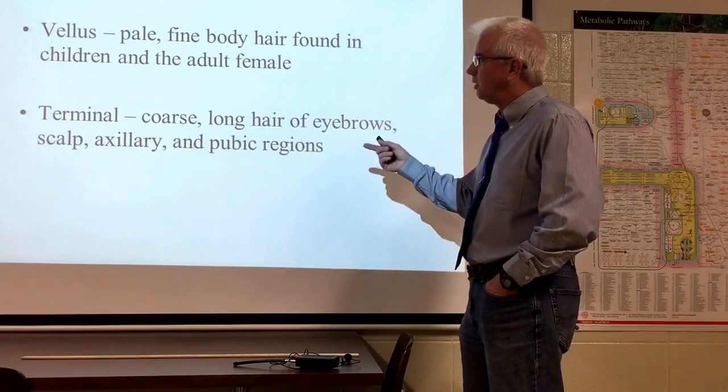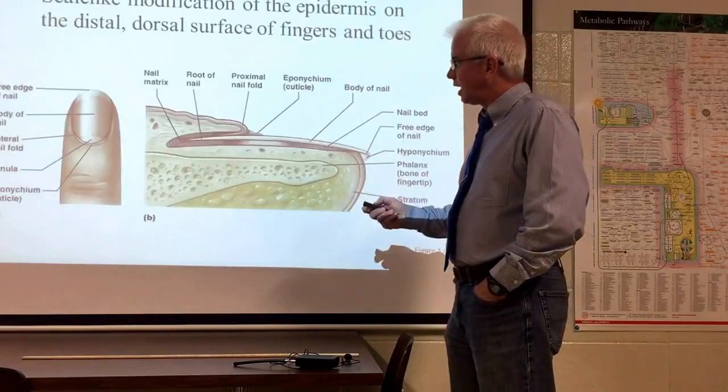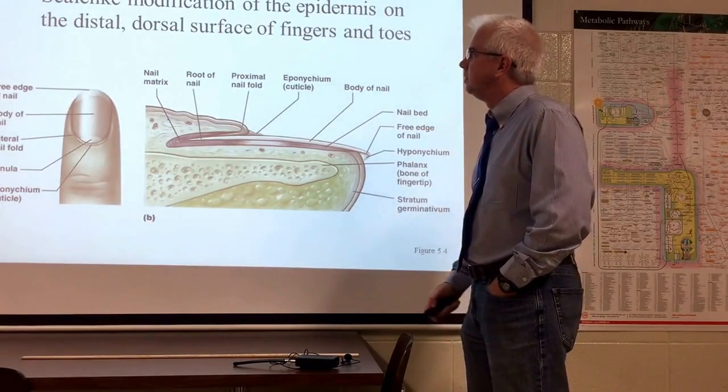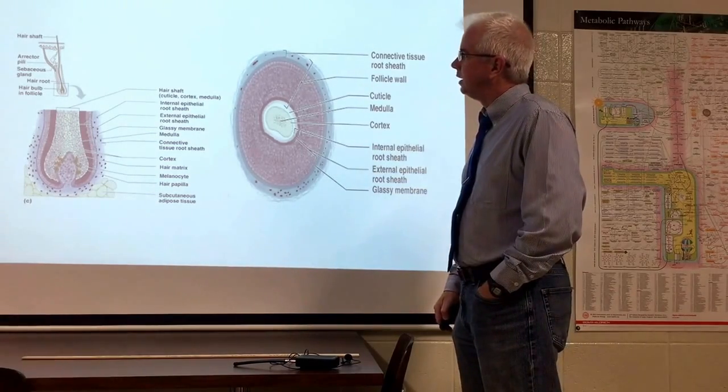So I'm just making you aware of it. I'm not going to ask you about vellus and terminal hair. You've seen them. You took anatomy and you've seen a fingernail. You've heard me say eponychium and hyponychium, and you know that nails and hair are epithelial-derived structures.